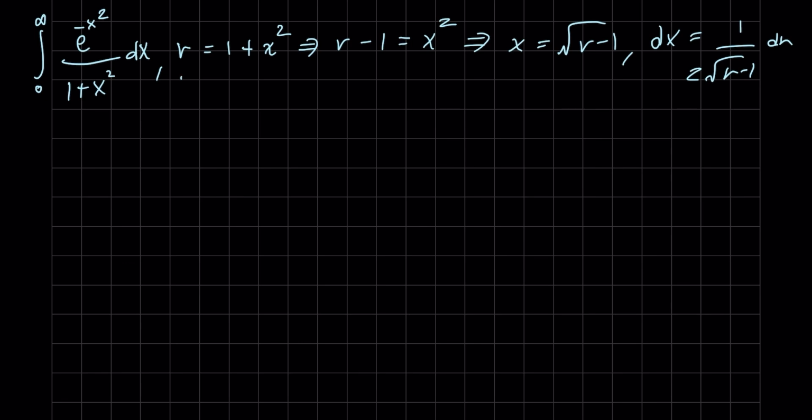The bounds of integration, r1 will be 1 and r2 will be approaching infinity. So we're going to have the integral from 1 to infinity e to the negative x squared.